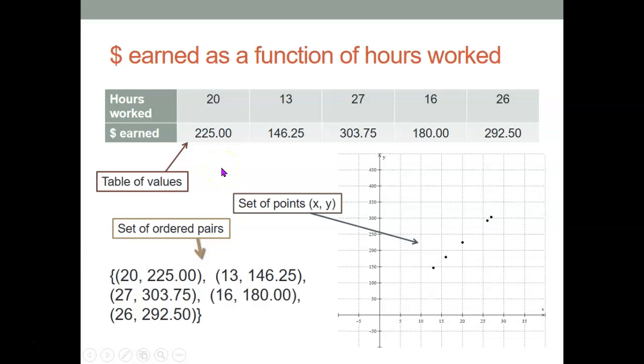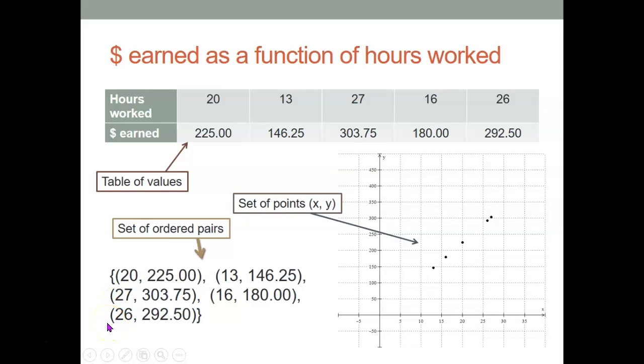Now, there's different ways we could describe a function. One way is by giving a table of values. Like, here's a bunch of different numbers for the number of hours you worked, and then for each one of those, here's the dollars earned that goes with that number. But that makes up a bunch of pairs of numbers, so we can also think of a function as a set of ordered pairs.